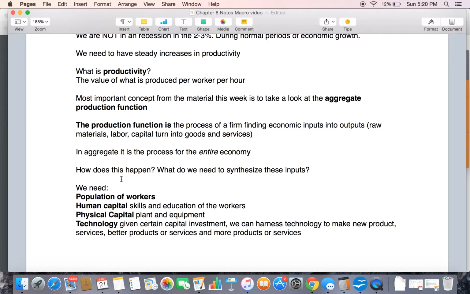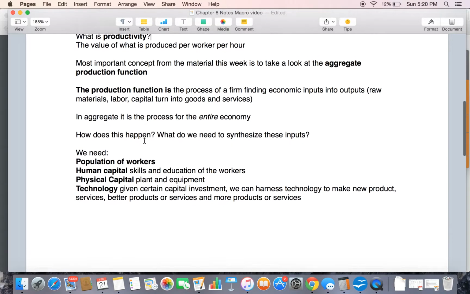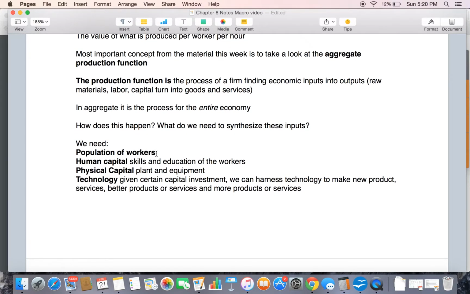So we have GDP growth being based on increases in productivity, and productivity being based on the synthesis of different things which allow for inputs to be turned into output. And so what we need to synthesize is our population, the available human capital, the available physical capital, and technology. And once we combine all of these aspects of production, we will be able to turn inputs into outputs.